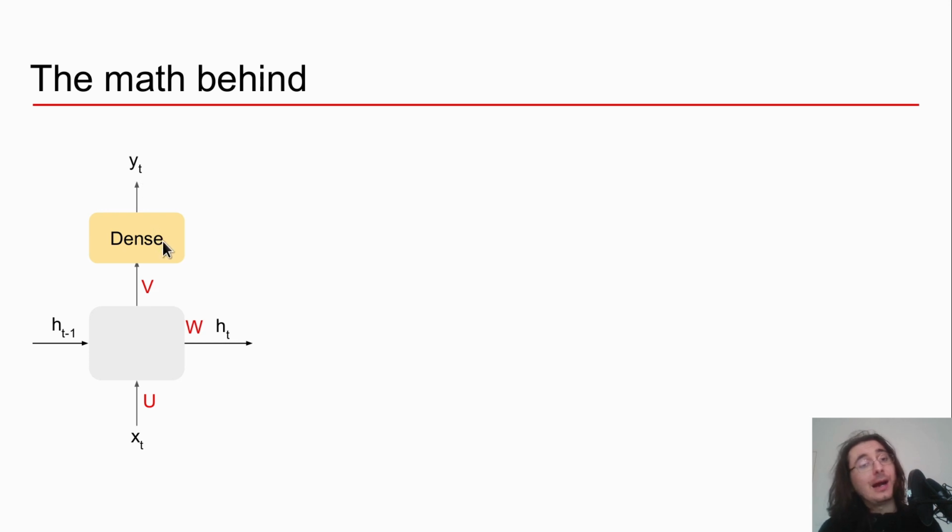Now here, I also have in red U, W, and V, and these are weight matrices, and we're going to use them for calculating the state vector and the output. U is connected with the inputs, W is connected with the state vector, and V is connected with the dense layer, and it enables us to get to the output.